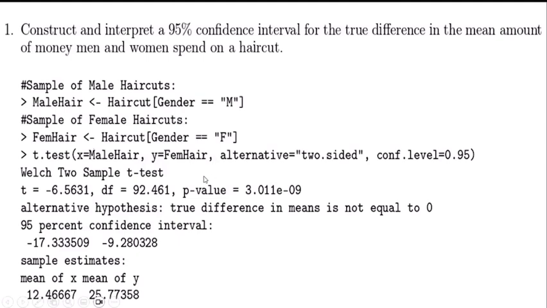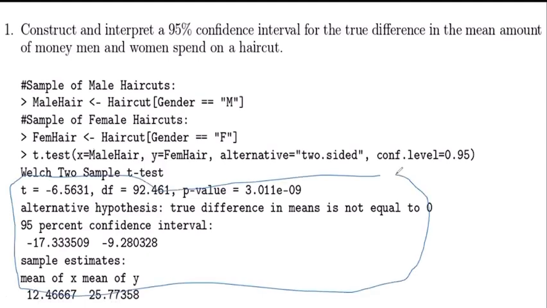You'll then have the output generated by R. This is the test statistic value, this is the degrees of freedom, this is the p-value, and here you have the lower bound and the upper bound.